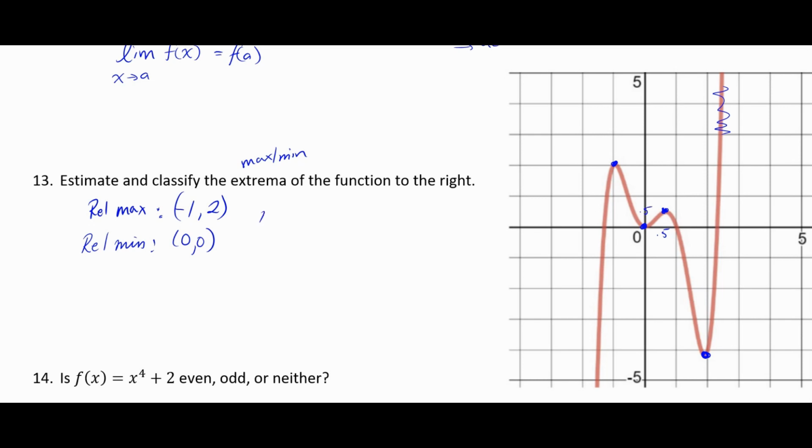So I just say I also have it at 0.5, comma 0.5. And then another relative minimum down here that looks like it's about 2, comma -4. So 2, comma -4. And that's all you have to do for estimating and classifying the extrema of the function.